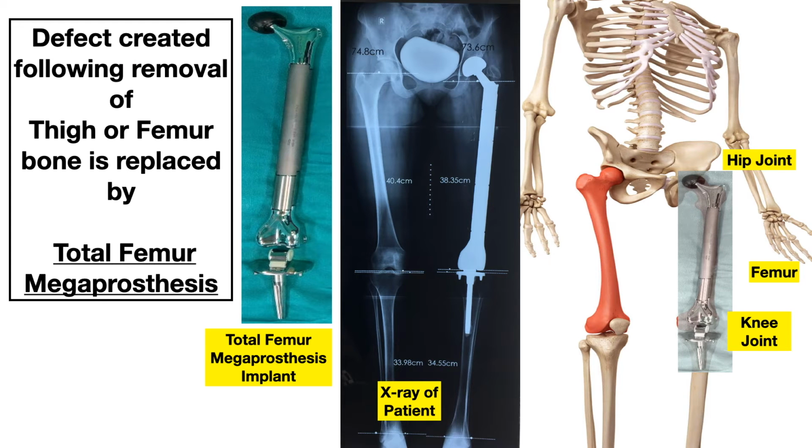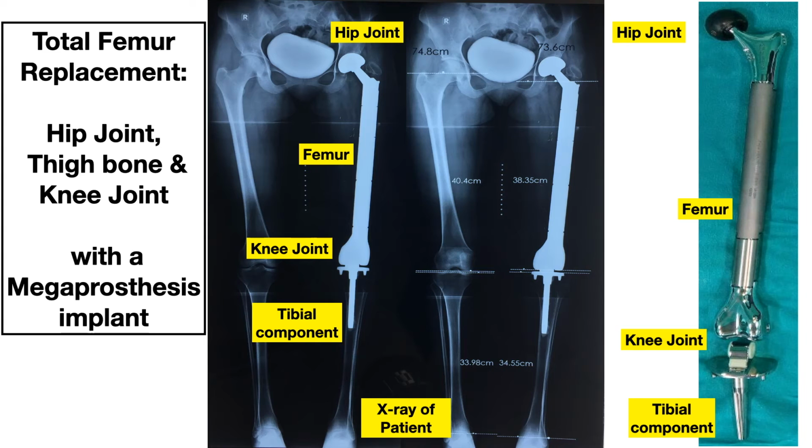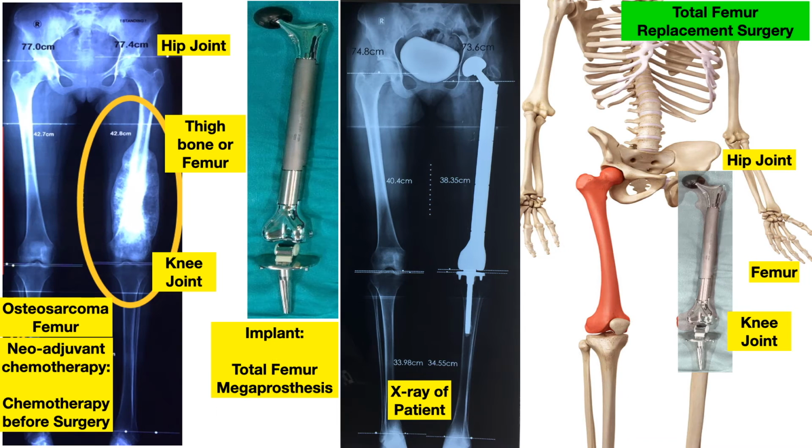This is a radiograph showing the surgical steps of total femur megaprosthesis. And to summarize, it's a case of osteosarcoma femur which was treated with a total femur megaprosthesis implant.